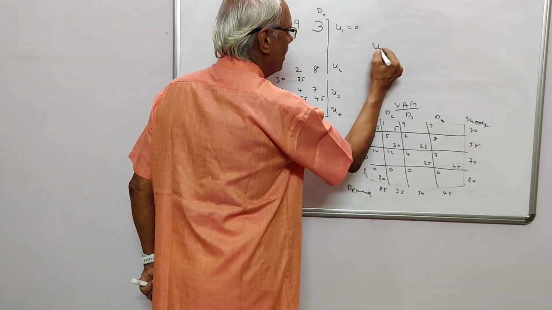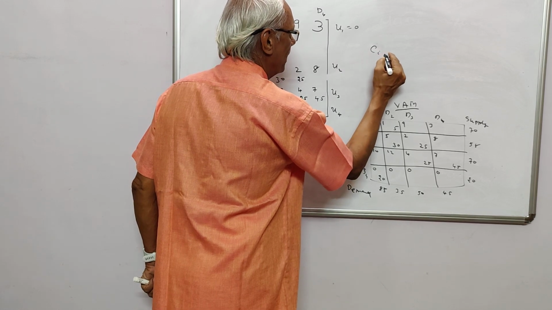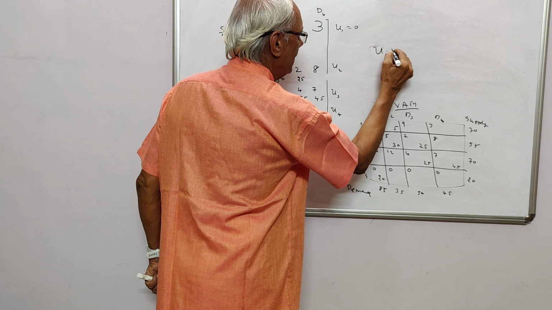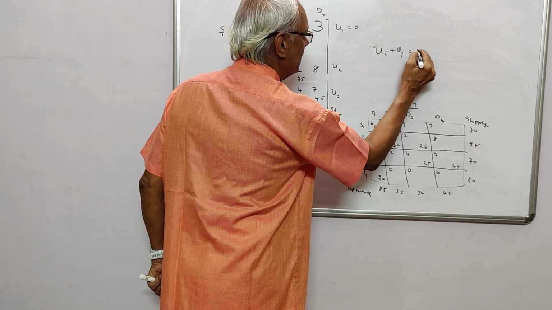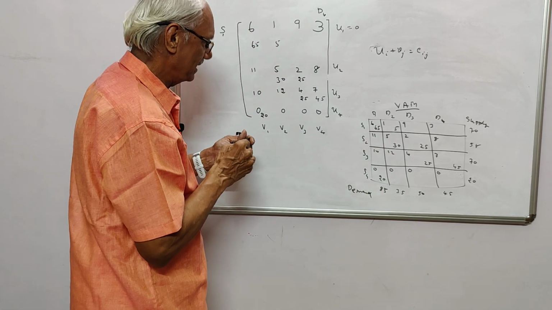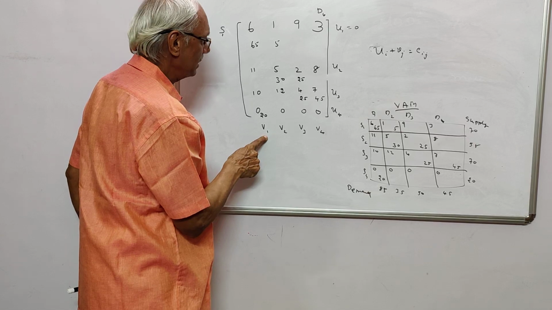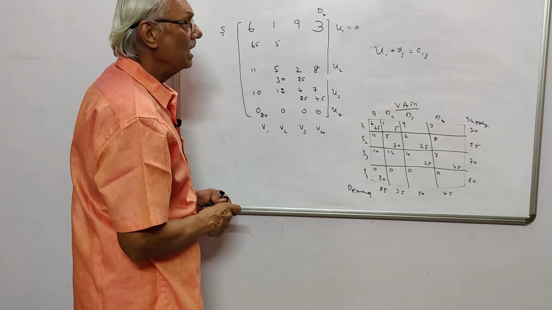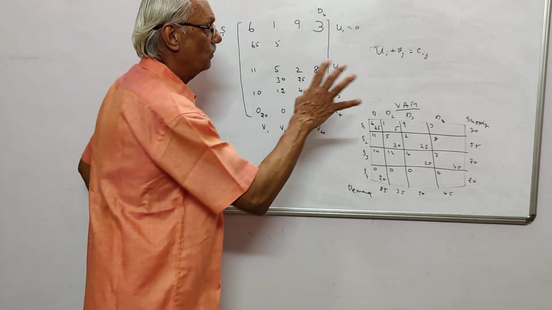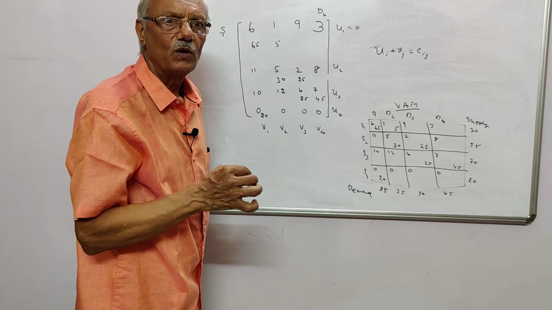Then use the formula ui plus vj is equal to cij. So u1 plus v1 must be equal to your 6. Concentrate only on the allocated cells.